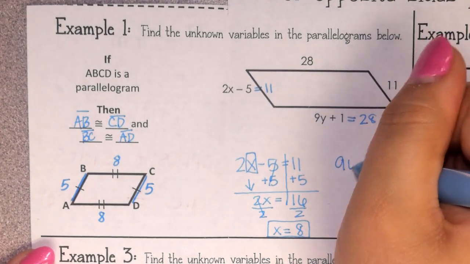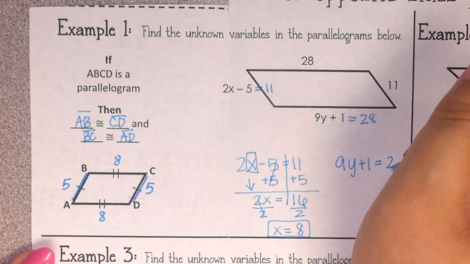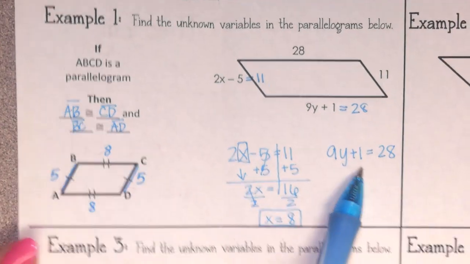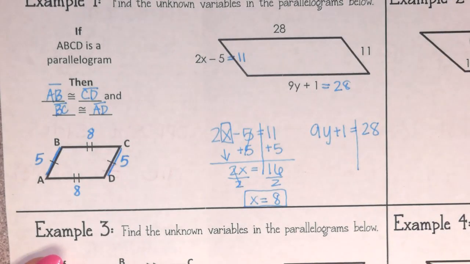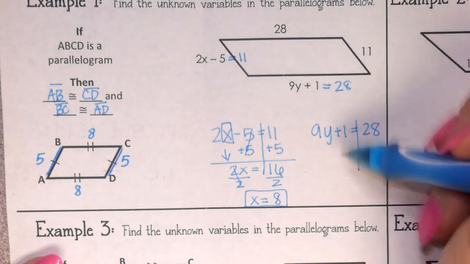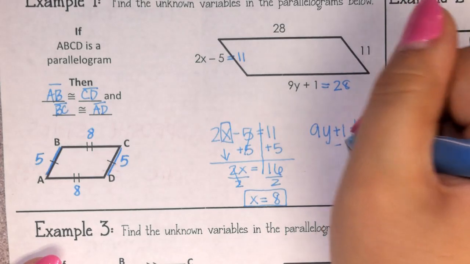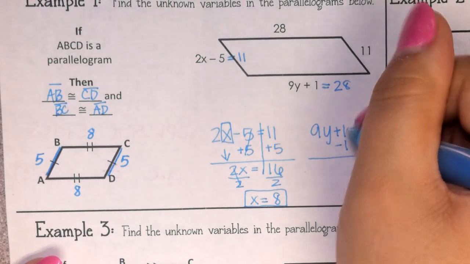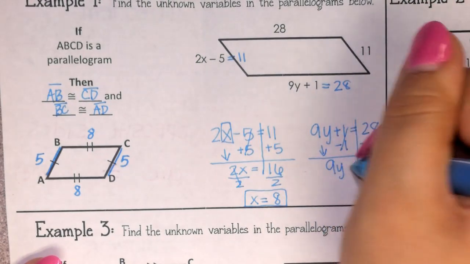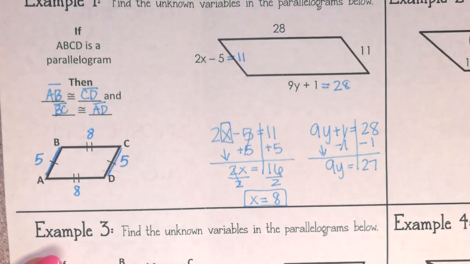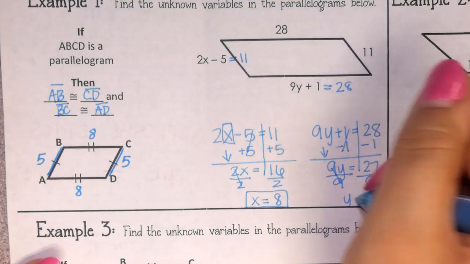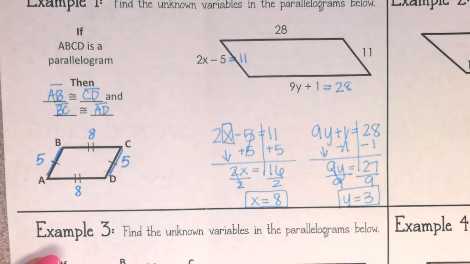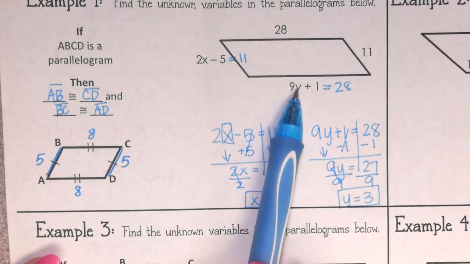If I do 9y plus 1 equals 28, if y'all can quit talking and write, I'm going to solve. If I have plus 1, what am I going to do? Subtract 1. And then divide. 27 divided by 9 is 3. Now, if y is 3, I can plug that into here.